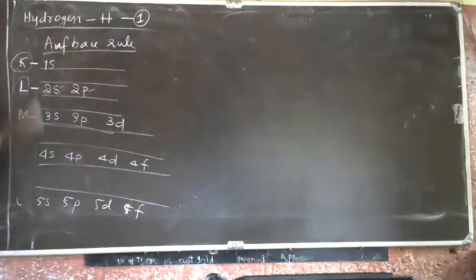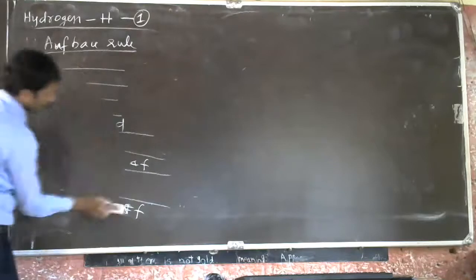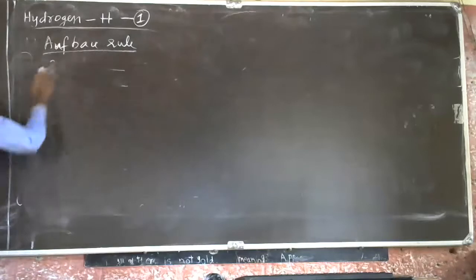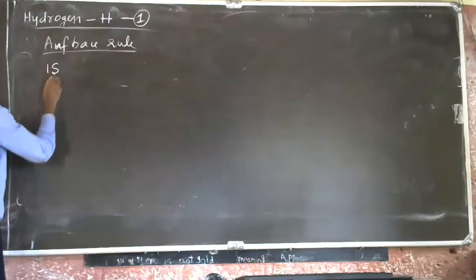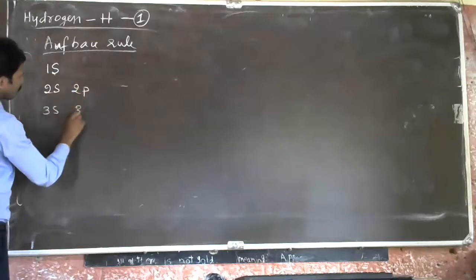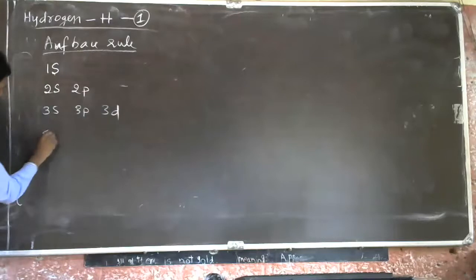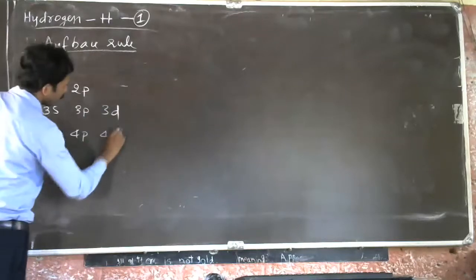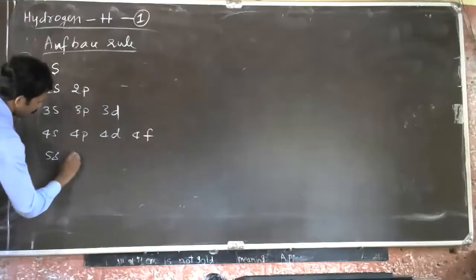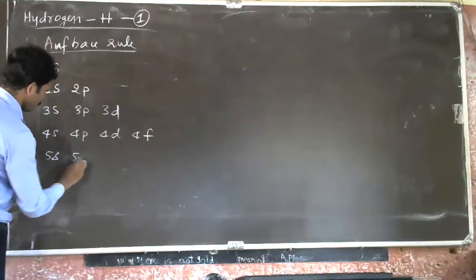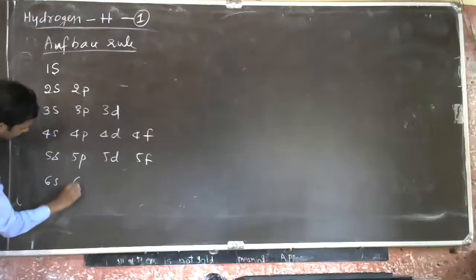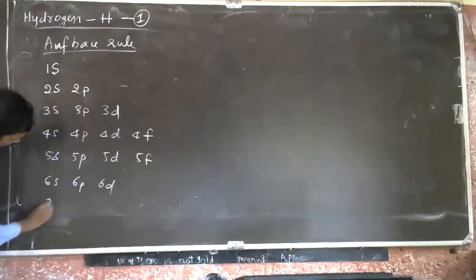I hope you understood. So I'll write it now: how to follow which shell comes first and which comes second. The first is 1s, then 2s, 2p, then 3s, 3p, 3d, then 4s, 4p, 4d, and 4f, 5s, 5p, 5d, 5f, 6s, 6p, 6d, then 7s.